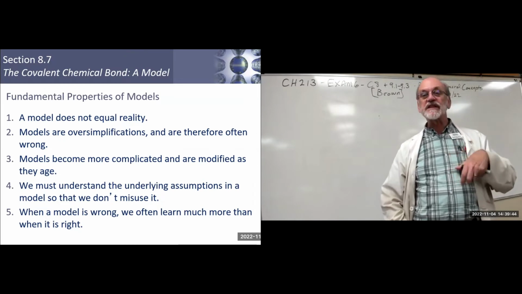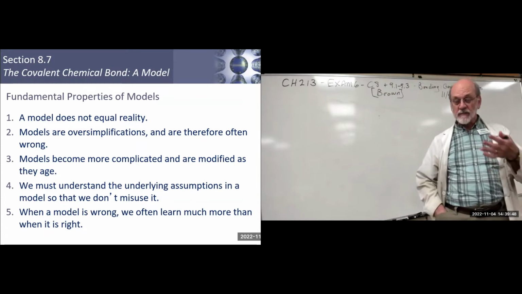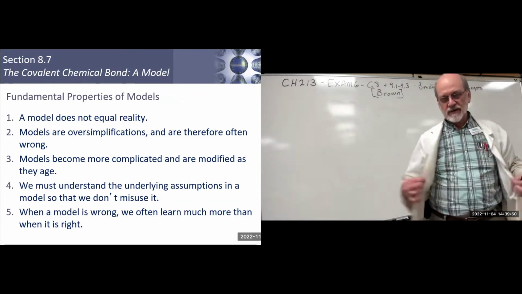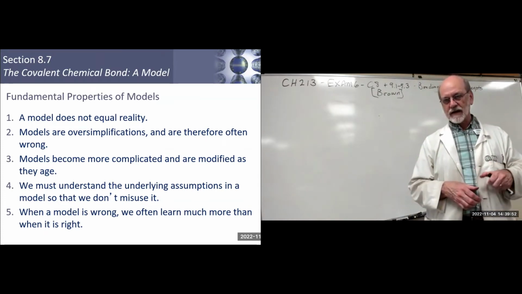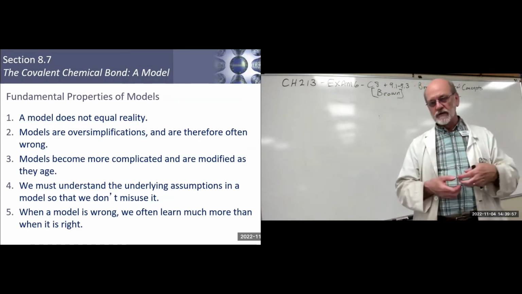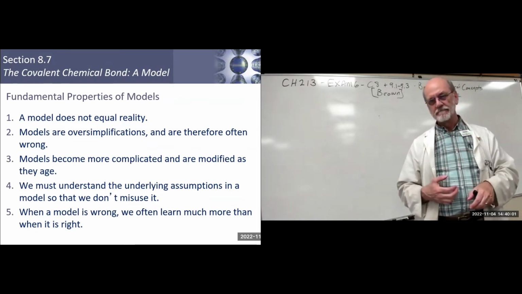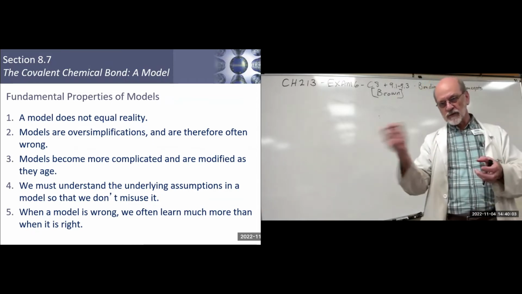Anyway, the model is not reality. The model is a representation of reality. So as a consequence, the model has to be simpler than reality, right? There are too many factors in reality that we can't track and we don't know. So we try to pick out the major factors and build our model with the major factors. And maybe later on, we'll throw some other stuff in there.